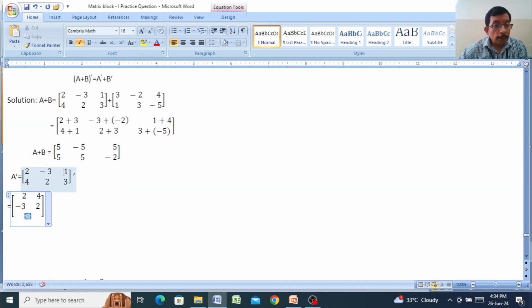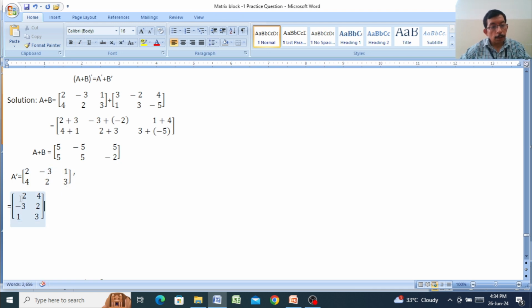Third column 1, 3 is replacing the third row 1, 3. This is the transpose of matrix A dash.